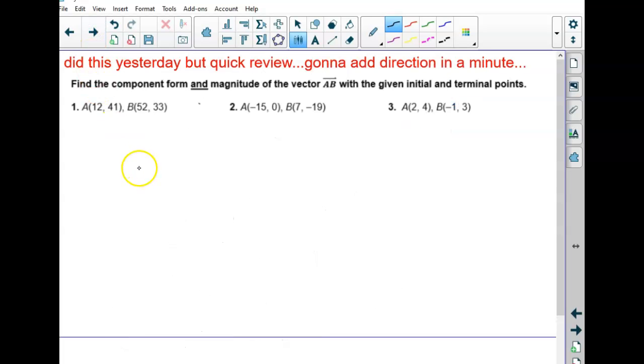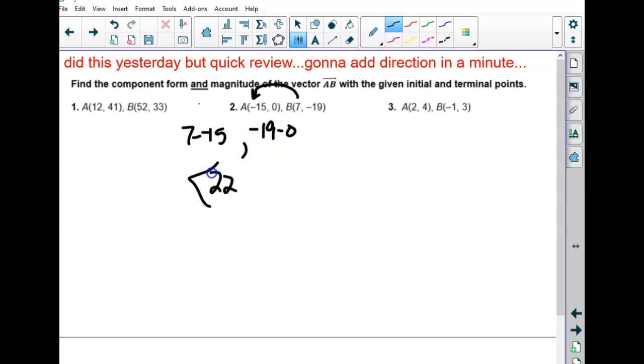So we did these questions. I'm just going to do maybe 2 and 3. We did them yesterday, but I'm doing the wrong order again. 7 minus -15 and -19 minus 0 to give us the components. Again, it's this second one minus first because it's going from -15 to 7. Which is a positive 22.